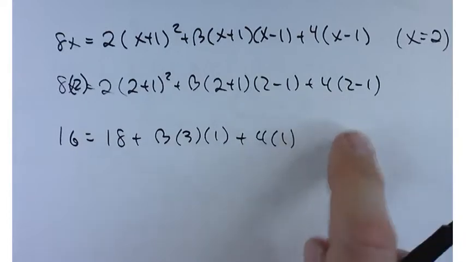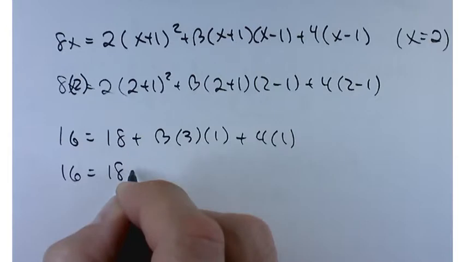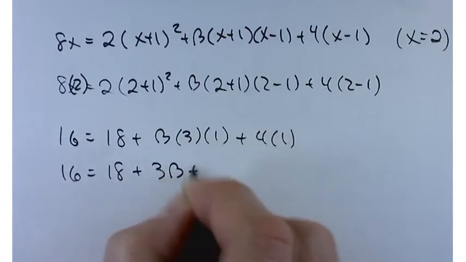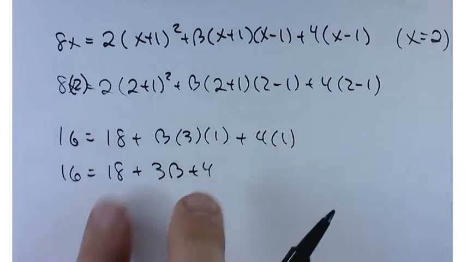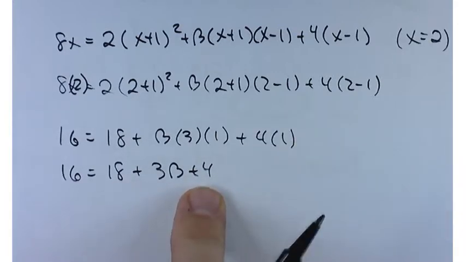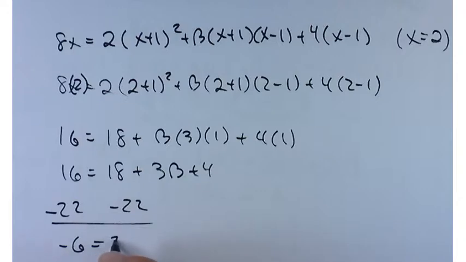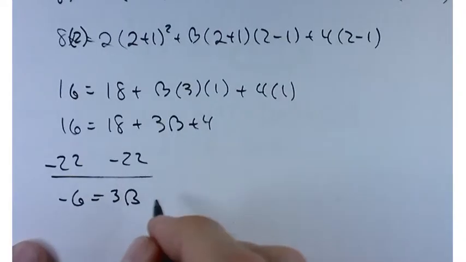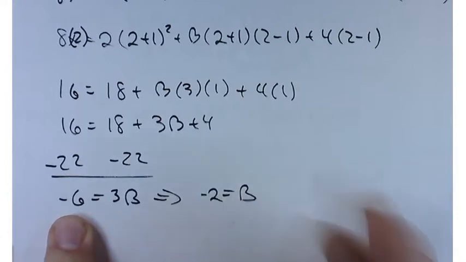Just simplifying this all out. 16 equals 18 plus 3b plus 4. 18 and 4 is 22. If I subtract 22 from both sides, I'll end up with negative 6 equals 3b. And finally, I get negative 2 for b.